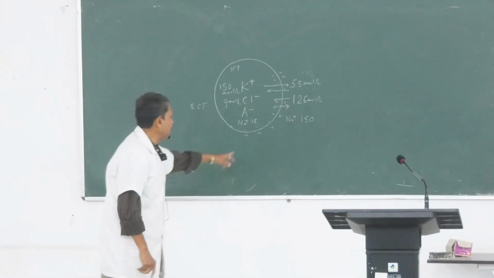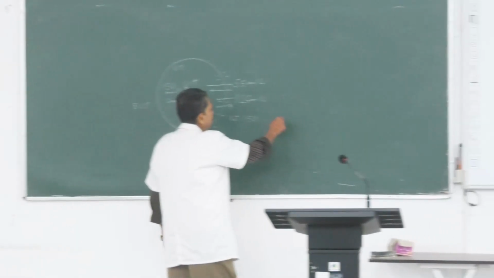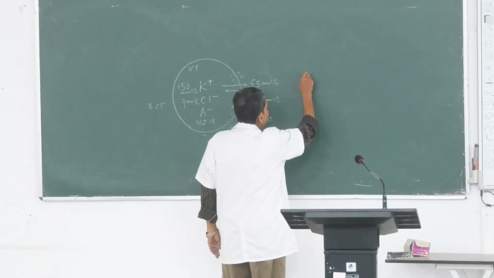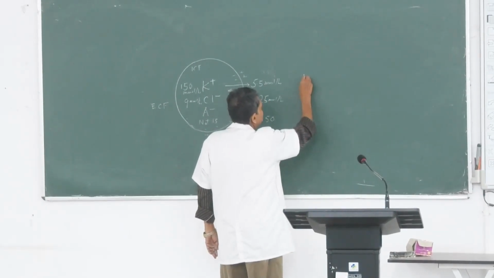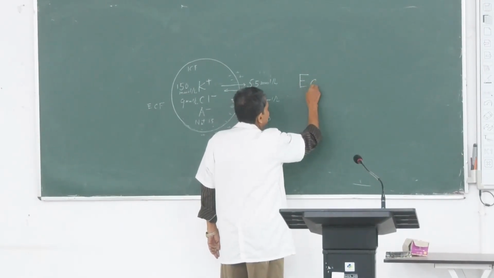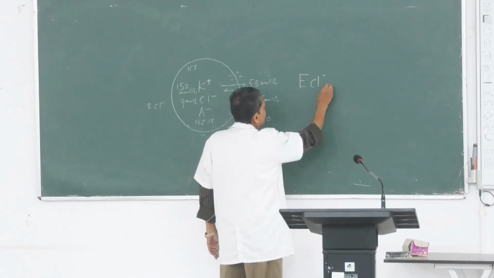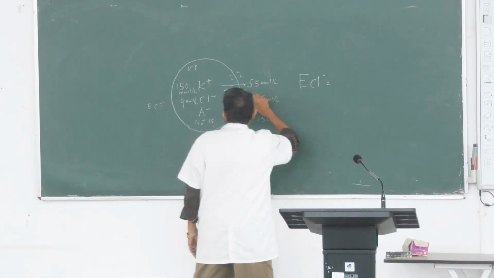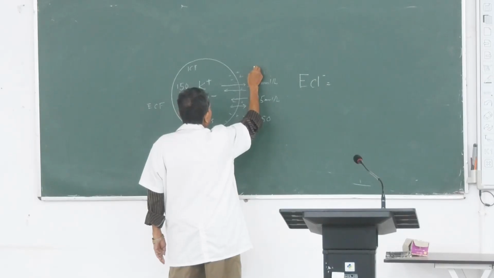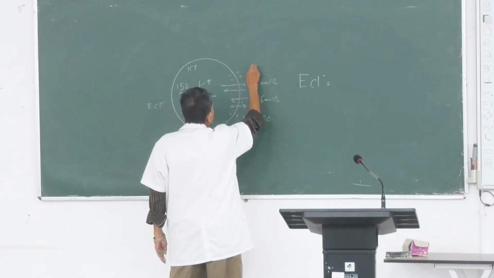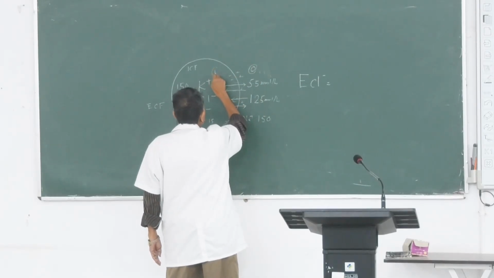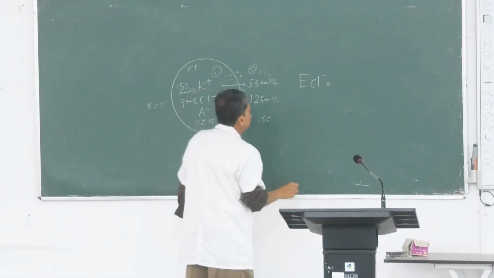Now in case of chloride ion, if you consider the equilibrium potential, that is ECl. Suppose we call the outside O and inside I in this way.